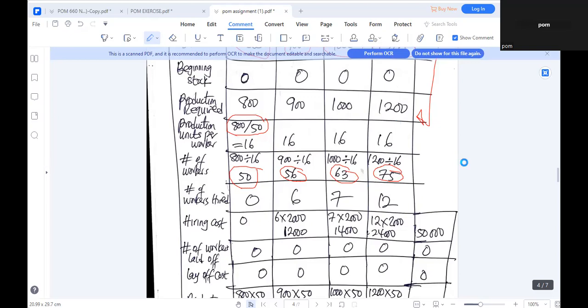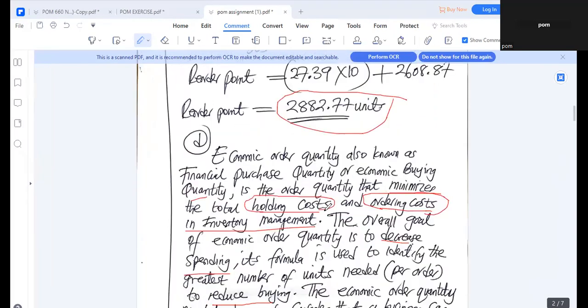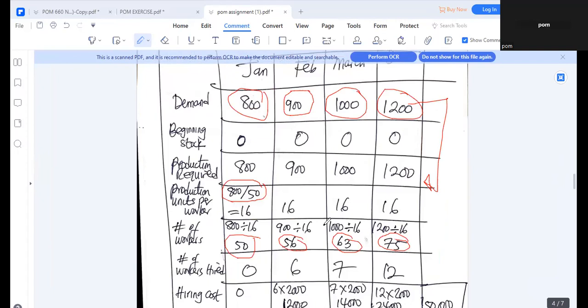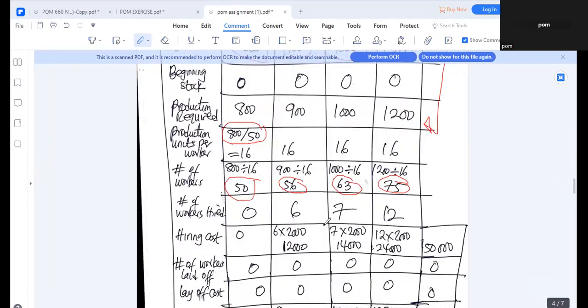So the number of workers was 50 in January, 56 in February, 63 in March, and 75 in December.